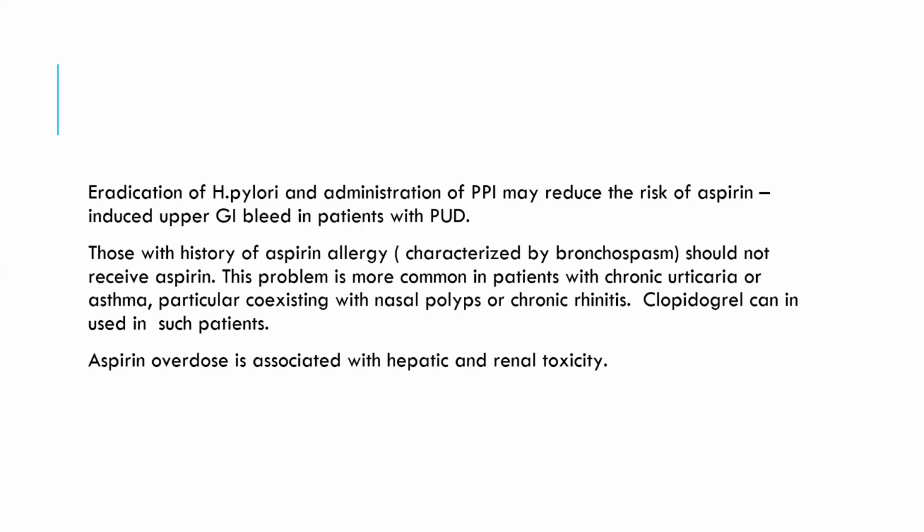Okay. So Samter's triad consists of nasal polyps, chronic rhinitis, and aspirin sensitivity. In those kinds of patients, you want to avoid the use of aspirin, and in those instances, opioids can be used. Overdose of aspirin is associated with hepatic and renal toxicity.